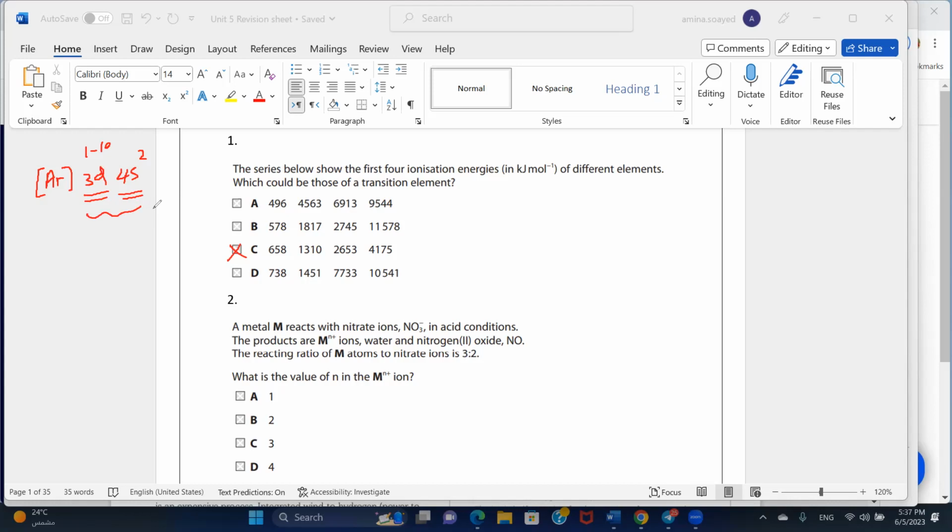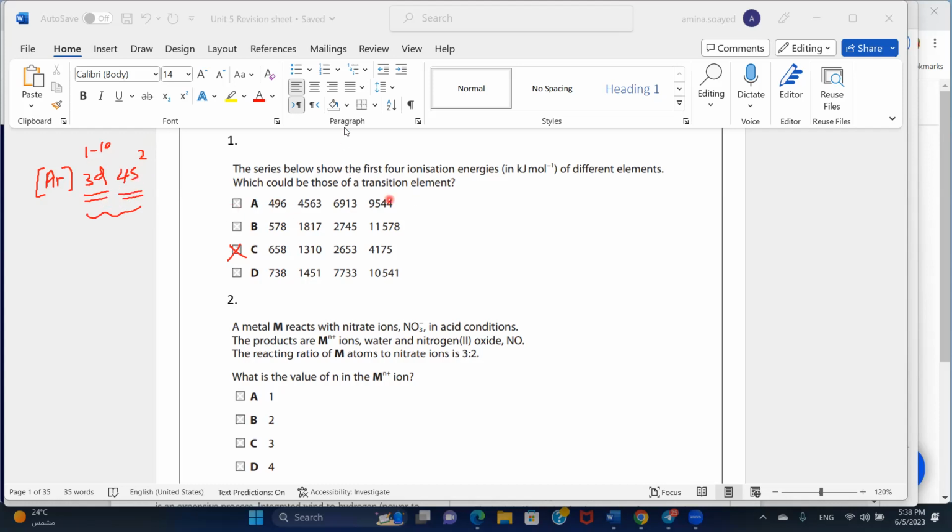These two energy levels are considered as if they are one energy level because they overlap, which means that when electrons are removed, they are removed from the 4s first. We remove the first, the second, and then the third is removed from the d. Every time the energy is greater than the previous one, but the difference will not be much.